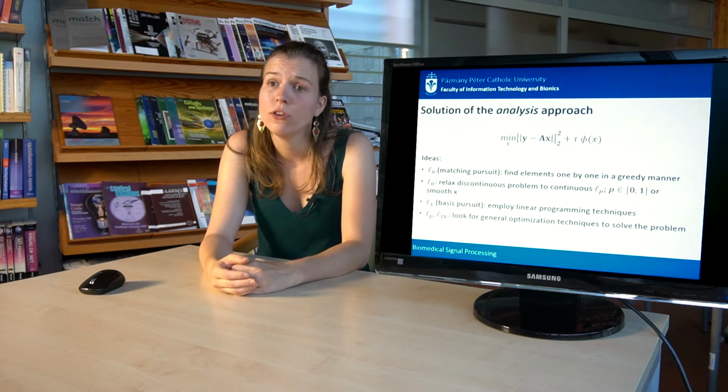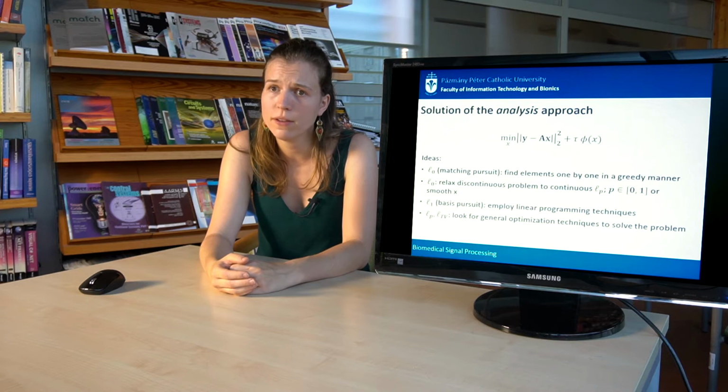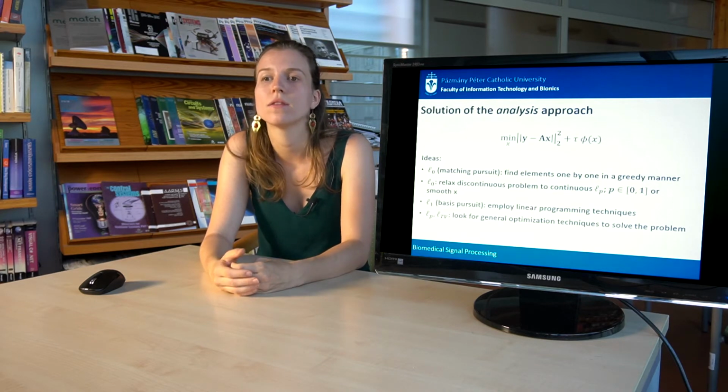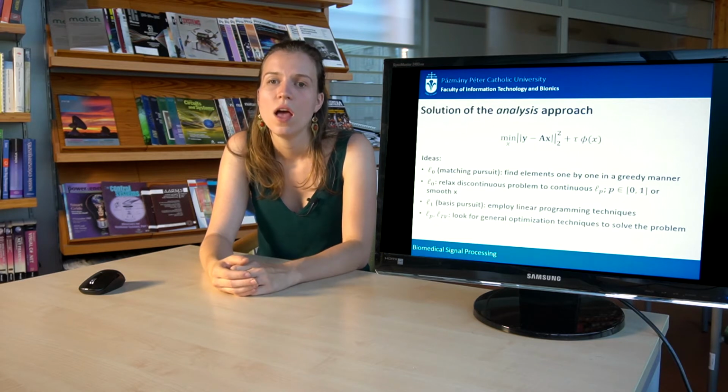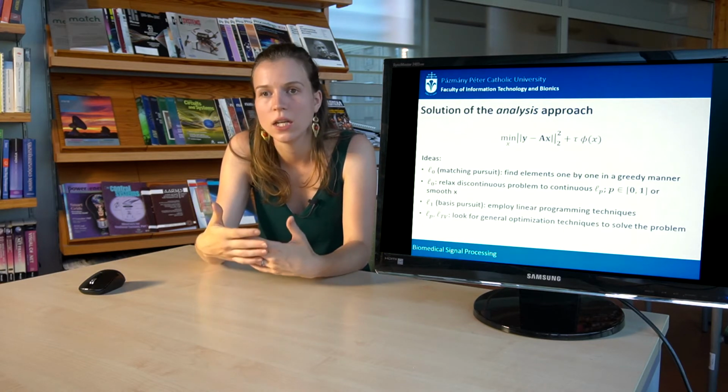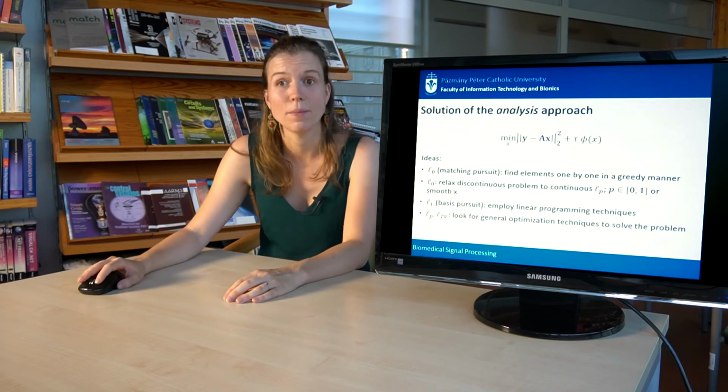Then you can also use the basis pursuit algorithm, which is a type of linear programming to get this sparse solution. And finally, using some general optimization techniques. We will see what I mean by that too.